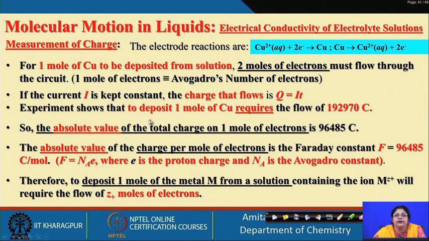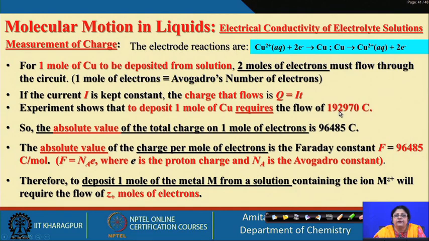So, if we do an experiment and see the amount of charge required to deposit 1 mole of copper, we will see that it is 192970 coulombs. From this, we can interpret the absolute value of total charge of 1 mole of electrons. This is equivalent to 2 moles of electrons.